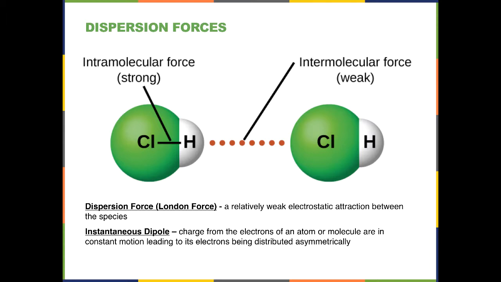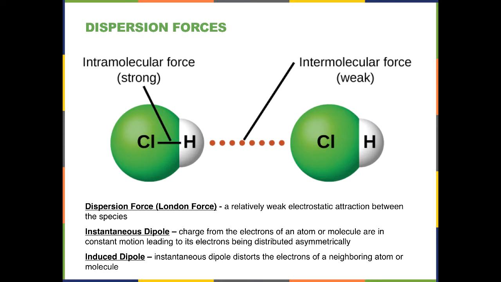This instantaneous dipole should not be confused with a real dipole that occurs in a polar molecule. An induced dipole is an instantaneous dipole that occurs because a neighboring atom interacts with the molecule and causes a maldistribution of the electrons.